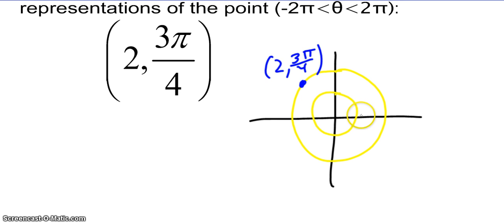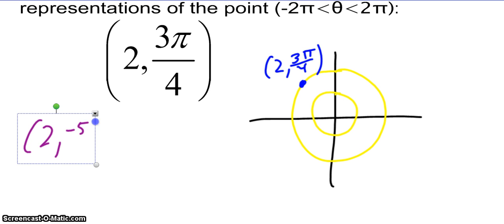Now we also want to come up with 3 other representations of the same point. So if this is 2 positive 3 pi fourths, I could also write this as 2 comma negative 5 pi fourths. How else can we represent this? Well, now we're going to have to use negative angles. So what is opposite 3 pi fourths?